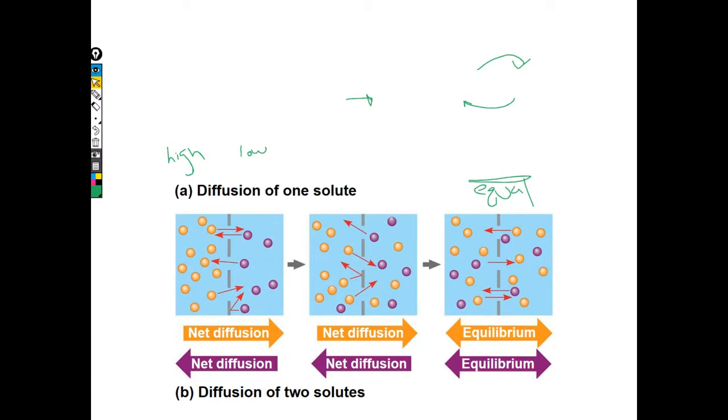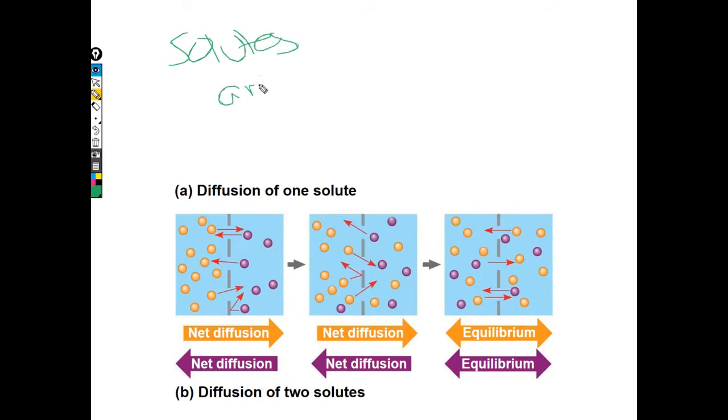Okay, so the other thing to remember, I'm going to clear this off because that looks weird up there, is when we're looking at diffusion of anything, the phrase I like to use is solutes are selfish.